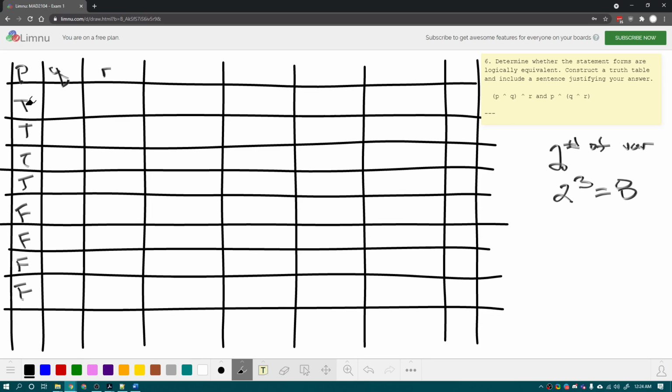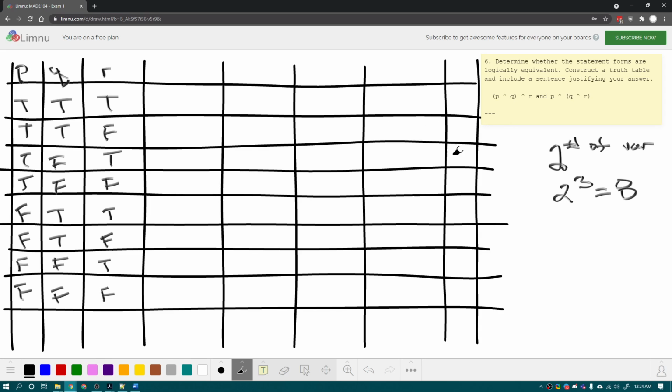Now for these 4 truths, I know half of the Q's will be true and half of them will be false. So I'll do 2 truths and 2 falses. The same is true for this latter half, so again 2 truths and 2 falses. And lastly, for every group of 2, R is going to be true and false, and then the next group of 2 would be true and false. So I'll just alternate true, false, true, false, true, false, true, and false.